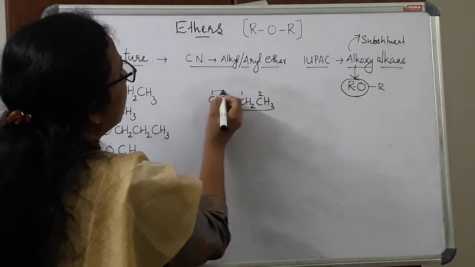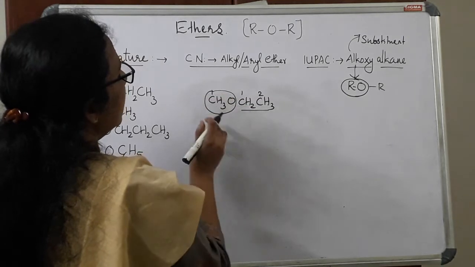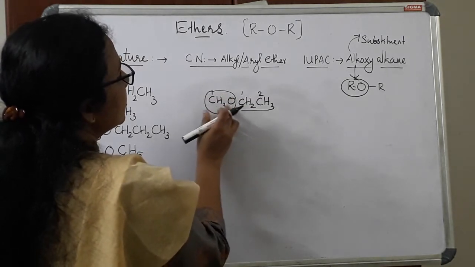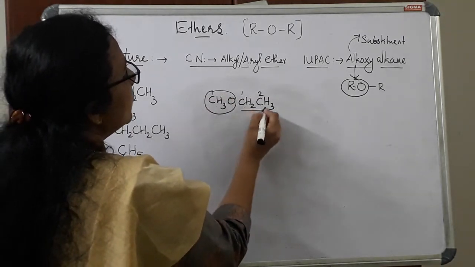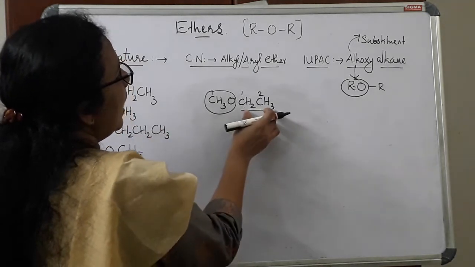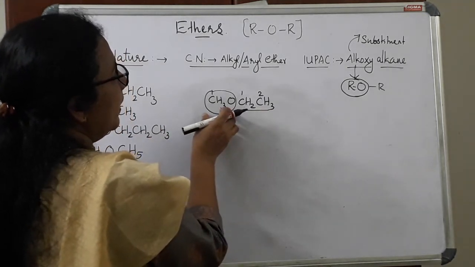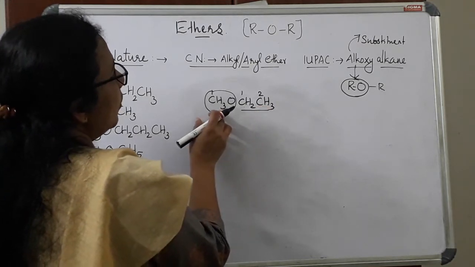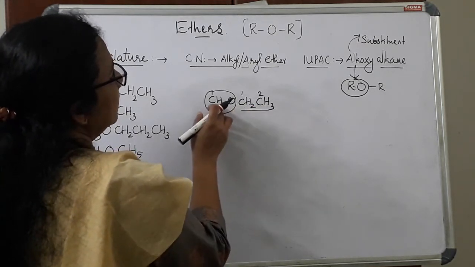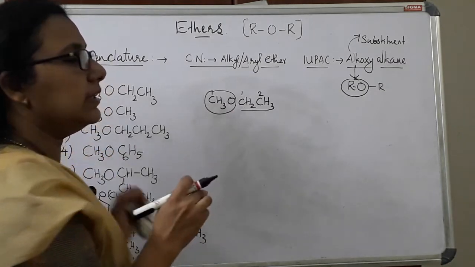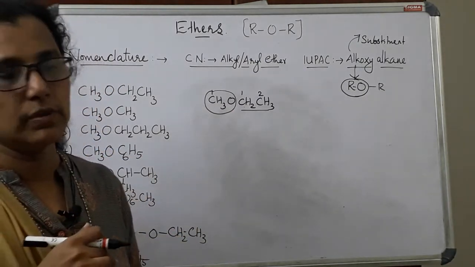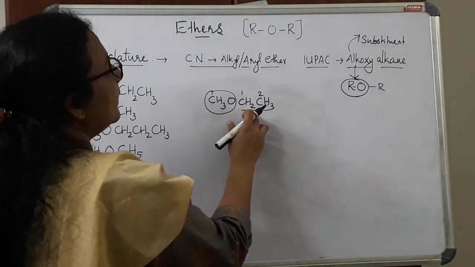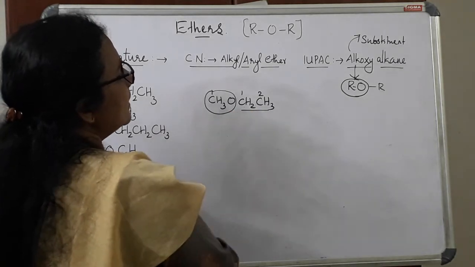So we will see the substituent as CH3O and this will be the alkane part. The alkoxy part is the smallest part, that means that part has fewer carbon atoms, and in the alkane part the longest chain is considered.